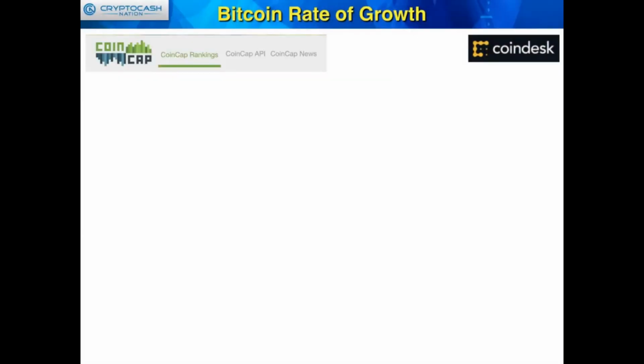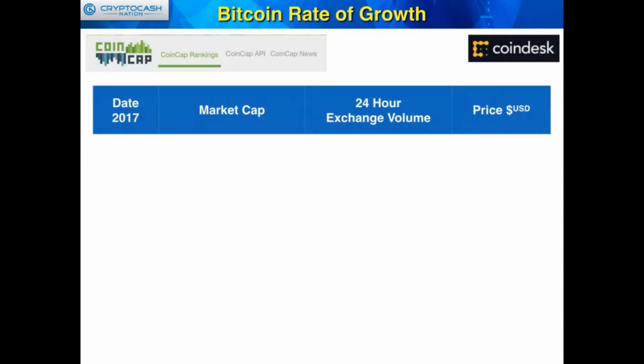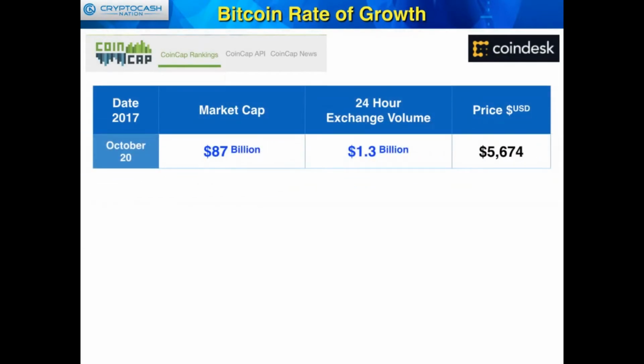What are we here? The Bitcoin rate of growth. So this was the last few months of last year. I kept track of things here. So October the 20th, the market cap of Bitcoin was 87 billion. The 24-hour volume in Bitcoin is 1.3 billion in the price.